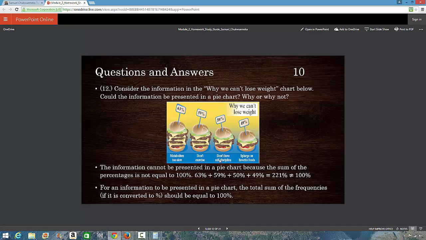Anyway, what are they asking here? Can you represent this in a pie chart? With a pie chart, there are two important things you need to know. The total angle, because a pie chart is a circle, and one of the circle theorems is that the angle in a circle is 360 degrees.